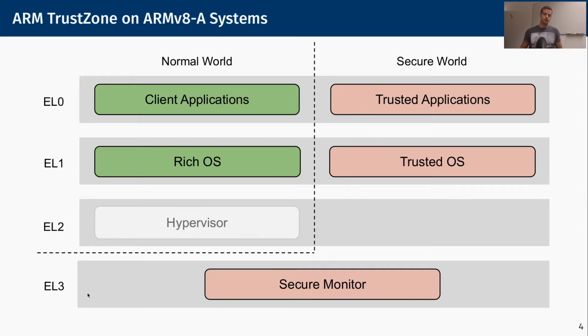Down here at exception level 3, the secure monitor is the component responsible for the transition between the two worlds, from the non-trusted execution environment into the trusted execution environment and vice versa. Within the TEE, we have a trusted operating system that hosts different trusted applications, and each of these trusted applications encapsulates a set of security-critical functions that you want to protect by means of a TEE.